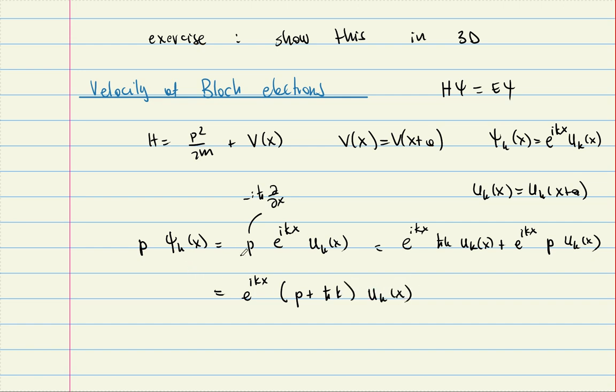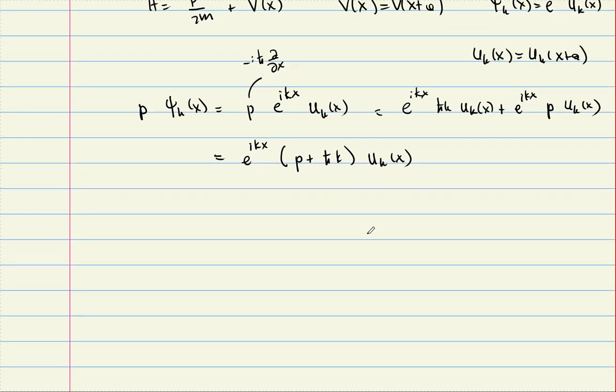So what this tells us is that p acting on something like e to the i kx times something else jumps over e to the i kx and generates a p plus h bar k factor. So p is the operator, isn't it? Yes, it is the operator at this moment. In the first term, you took the derivative of the exponential, so there should be an i.